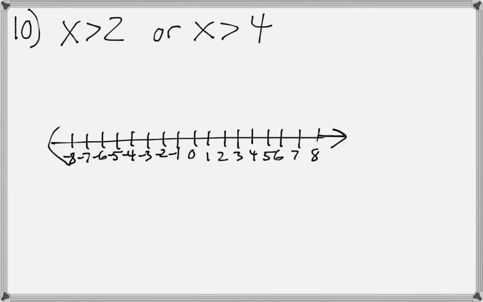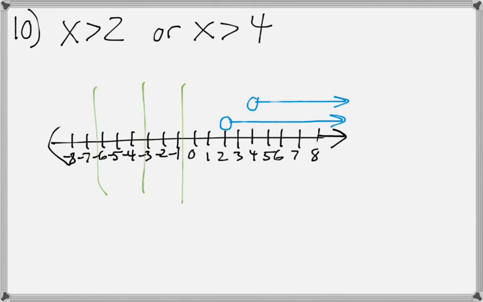So x is greater than 2 or x is greater than 4. Greater than 2 would be here, greater than 4 would be here, and if I look at the regions, over here nothing is graphed, so I don't want to graph it. Here one is graphed, but the other one isn't, but that doesn't matter.